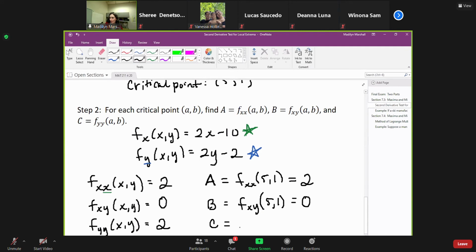And C is with respect to Y twice, which is always 2 no matter what we're plugging in. If we had partial derivatives that still had X's and Y's in them, we would have to plug in our critical point, (5, 1), to get our A, B, and C.